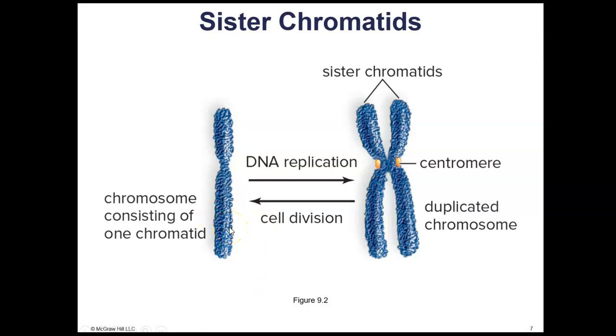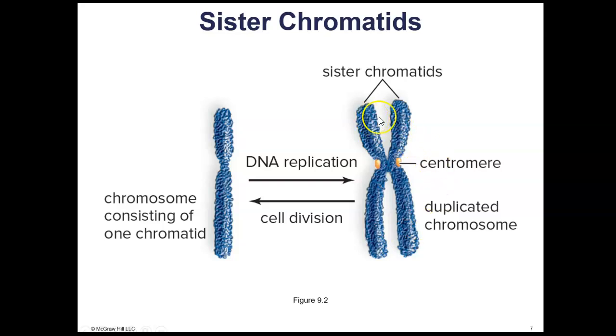So that you can understand what happens during the S stage: before the S stage, each cell has a number of chromosomes depending on the species, so let's just say it's a human cell. Each human cell has 46 of these single-stranded chromosomes consisting of one chromatid. After DNA replication, this is still a chromosome. This one here that looks like an X is still considered one chromosome, but it is a duplicated chromosome.